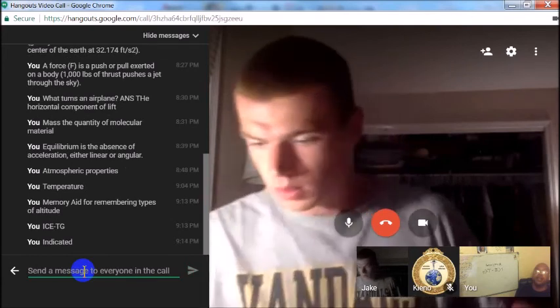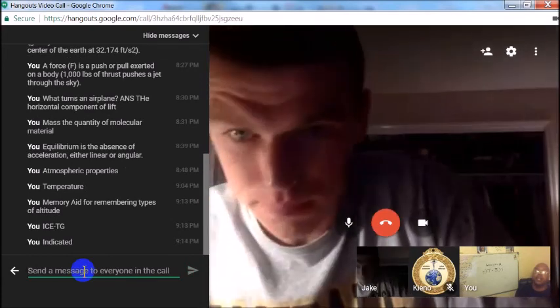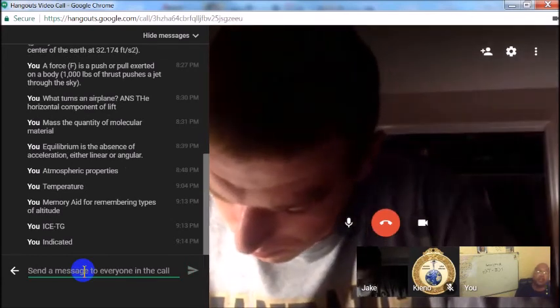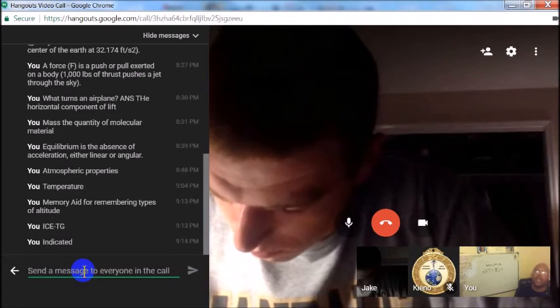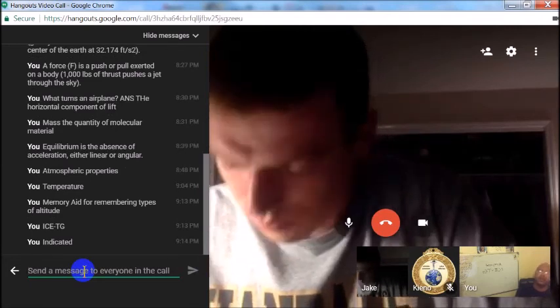Indicated airspeed is the airspeed read directly off the airspeed indicator.